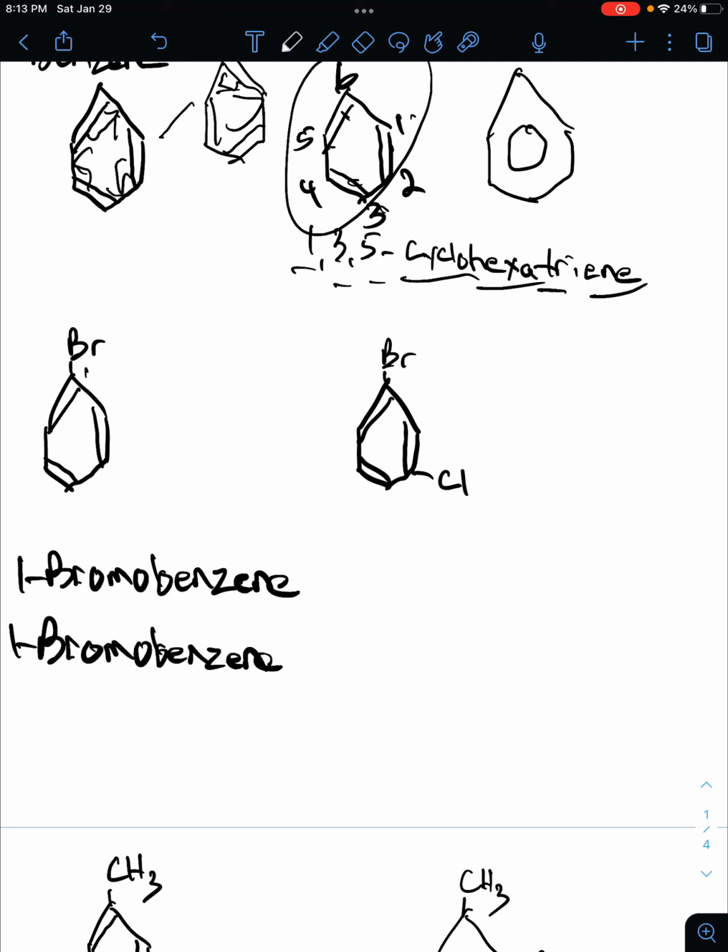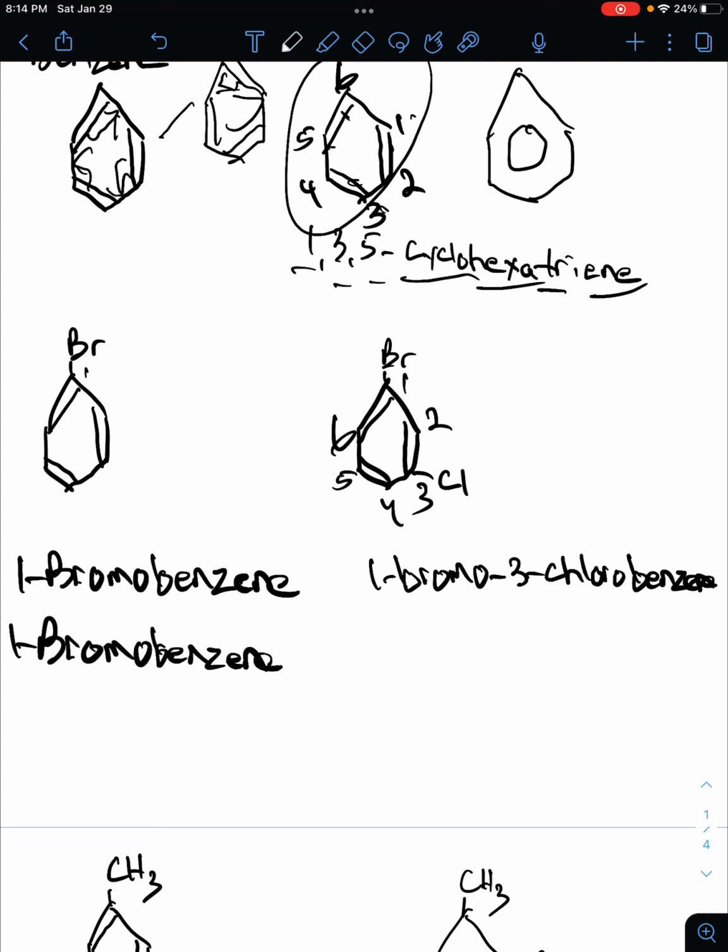So if we get over here, if we have 2 substituents, we can just do 1, 2, 3, 4, 5, 6. And this would be 1-bromo-3-chlorobenzene.